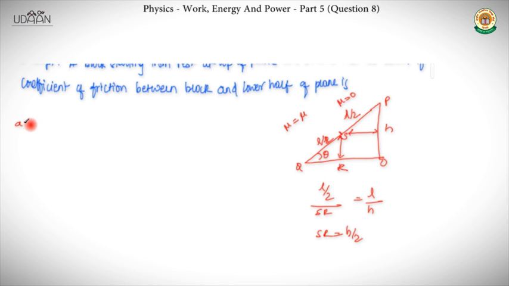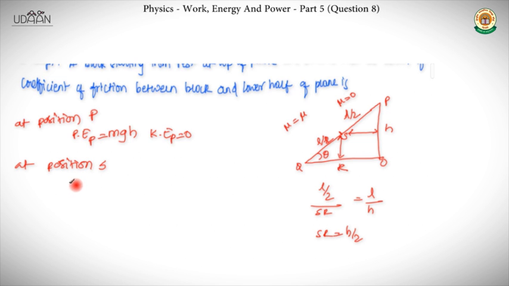Fine. Let us take position P. Initially the potential energy is equal to mgh and the kinetic energy is equal to 0. Now let us take position S. Let us assume the velocity is Vs. Potential energy at position S is equal to mgh by 2, because it is at height h by 2, and kinetic energy at position S is equal to half m Vs square.